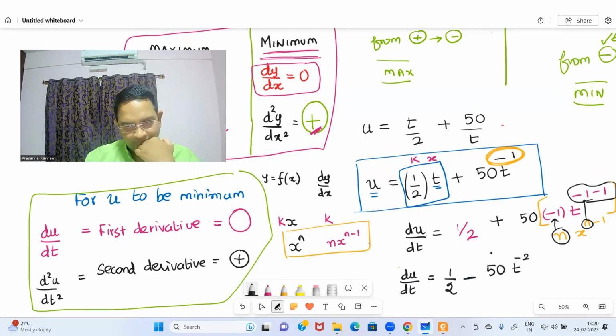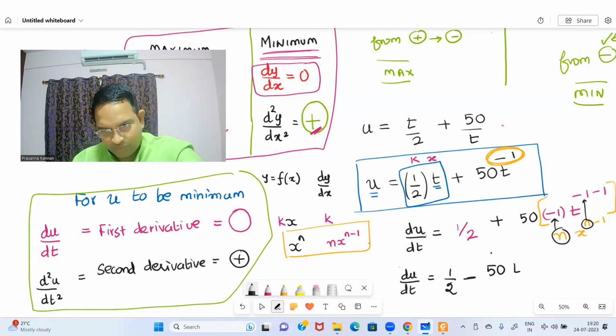Clear? Can I write this t power minus 2 as 1 by t square? T power minus 2 in the numerator, bring it to the denominator, isn't it t square? Very good, minus 50 by t square. Fantastic. We are almost getting the answer now.